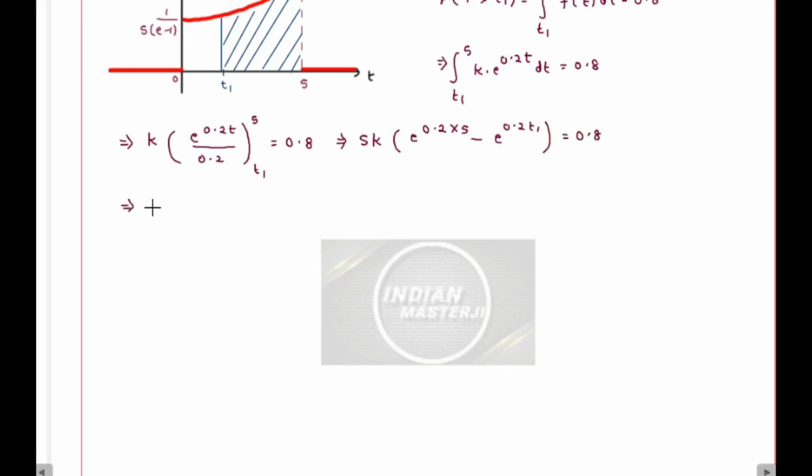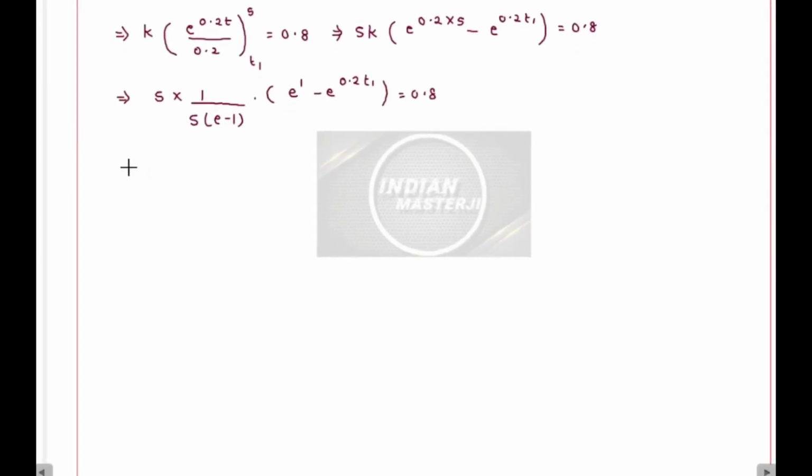But what is the value of k? The k value we got as 1 upon 5 times e minus 1 from the first part of this question. So this becomes 5 into 1 upon 5 times e minus 1, and inside the bracket what I'll get? e raised to 1 minus e raised to 0.2 t1, and this is equal to 0.8.